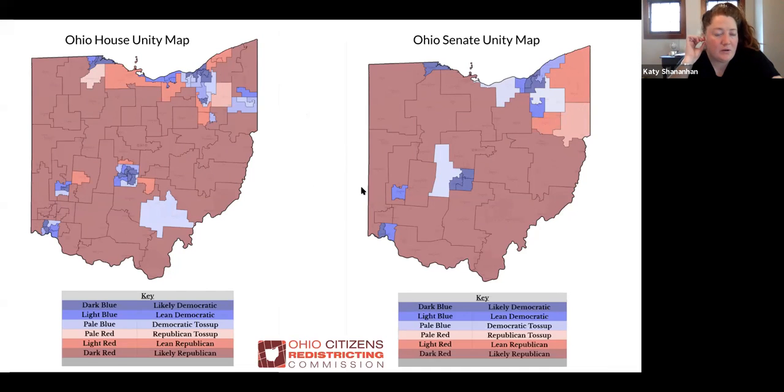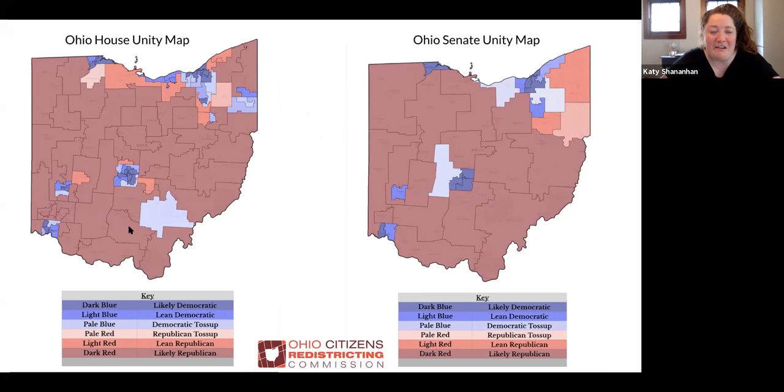One quick note that I'll also say is that we talk a lot about the snake on the lake and the duck district. So much of our vocabulary about how to describe districts is based on what they look like. And sometimes it's easy to see a gerrymander.